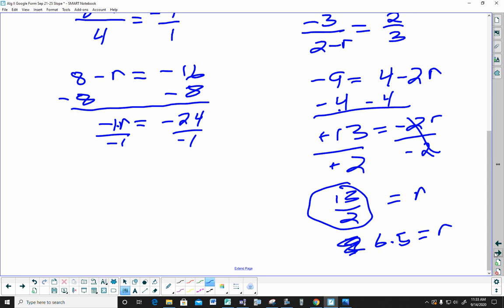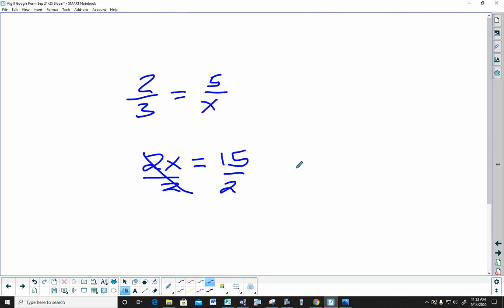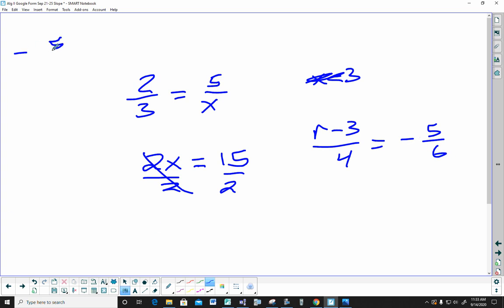Okay? One last thing to tell you. Say you had r minus 3 over 4 is equal to a negative 5/6. Where do you put the negative? Well, negative 5/6 is either negative 5 over 6 or 5 over negative 6.